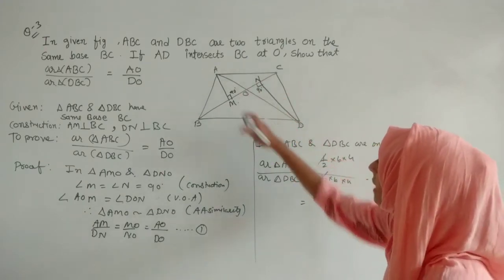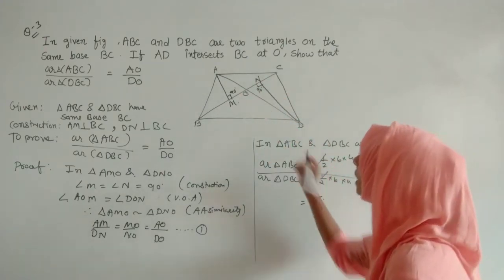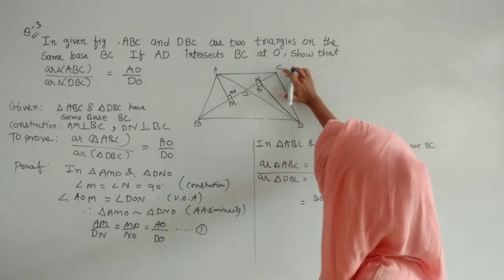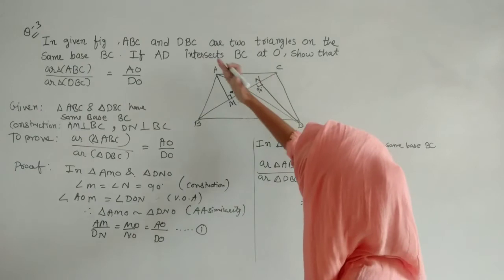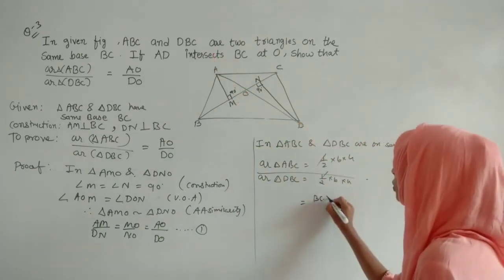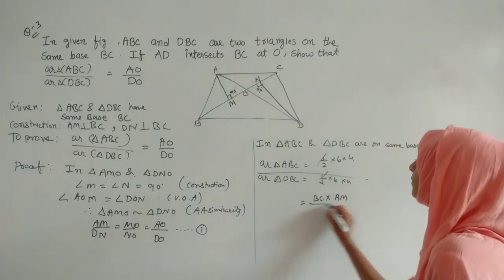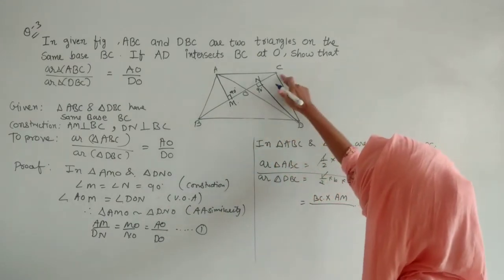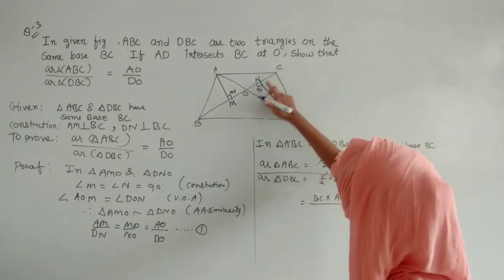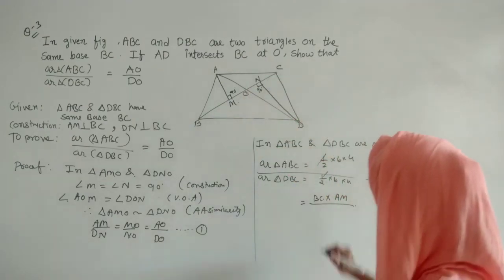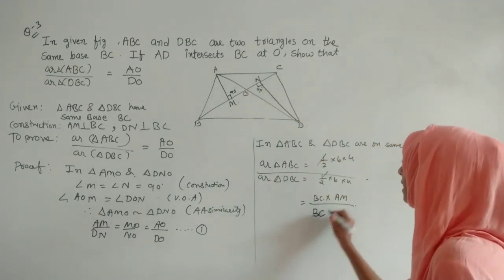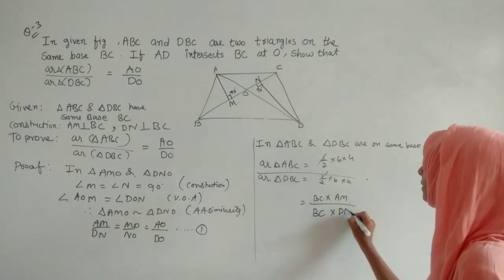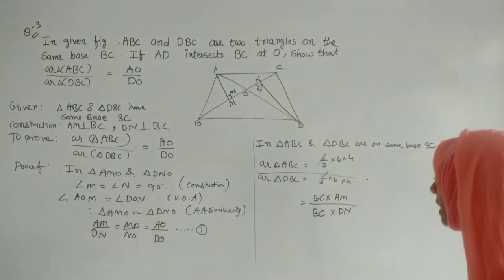We will write the base as BC, because triangle ABC has base BC and altitude AM. So let us write AM over here. And for the other triangle, DBC, it also has base BC and altitude DN. So I will write base as BC and height as DN. Here BC is there, we will cancel it out.